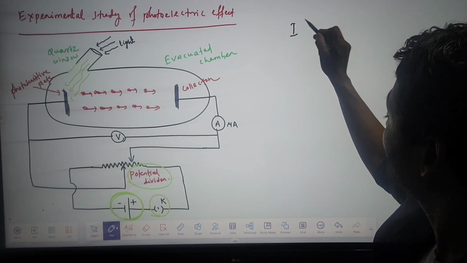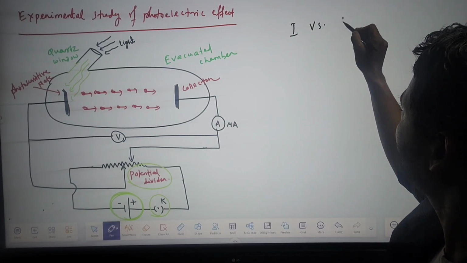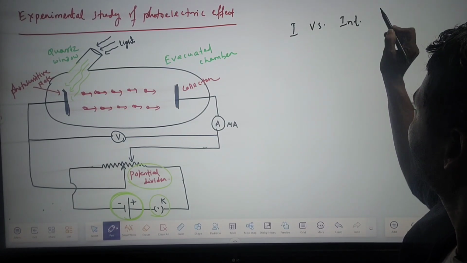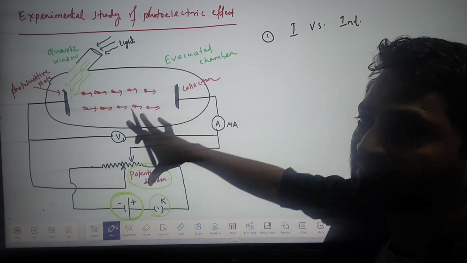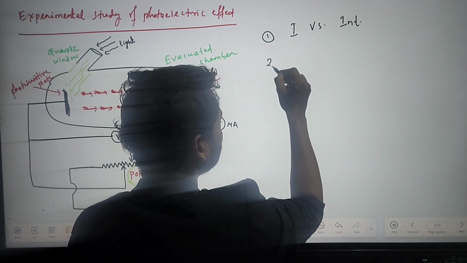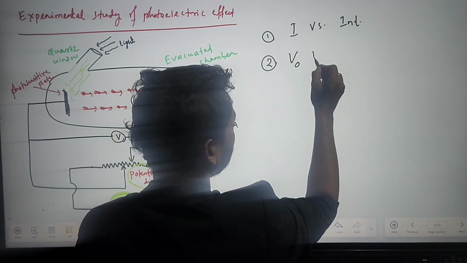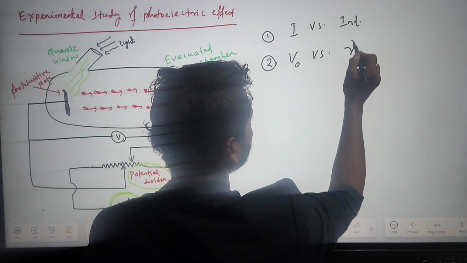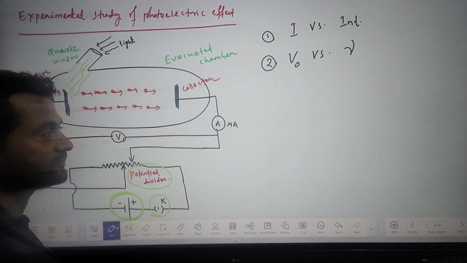What is the variation of photocurrent with respect to intensity of light? That is point number one, that we'll check from here. The second is the variation of stopping potential with respect to frequency of incident radiation.